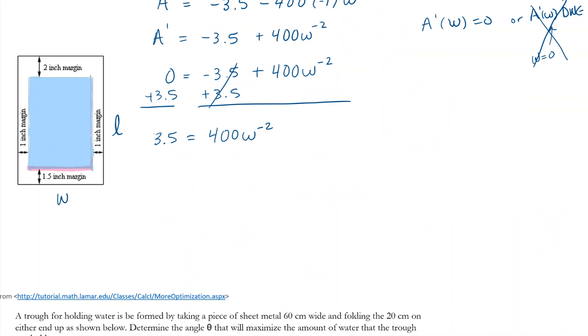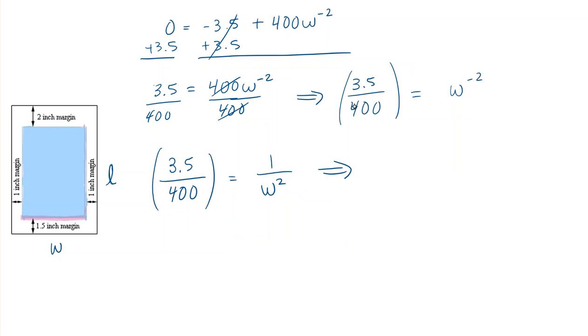Adding 3.5 to both sides, we would get this expression. We would then divide both sides by 400. Now we can rewrite w to the -2 as 1 over w squared, which we could simplify. Then, if we take the square root of both sides, we would get w is equal to plus or minus the square root of 400 divided by 3.5.